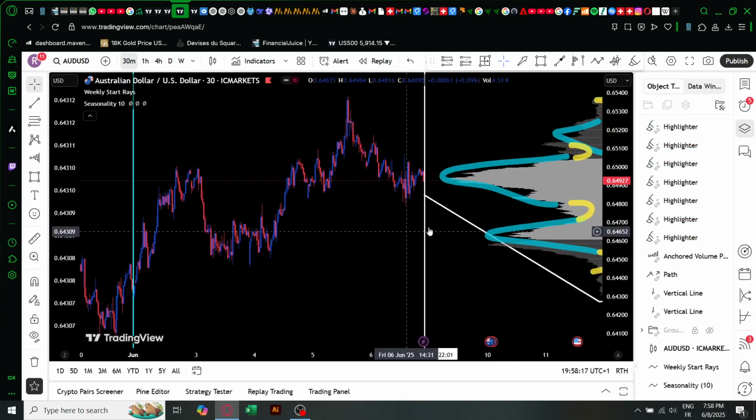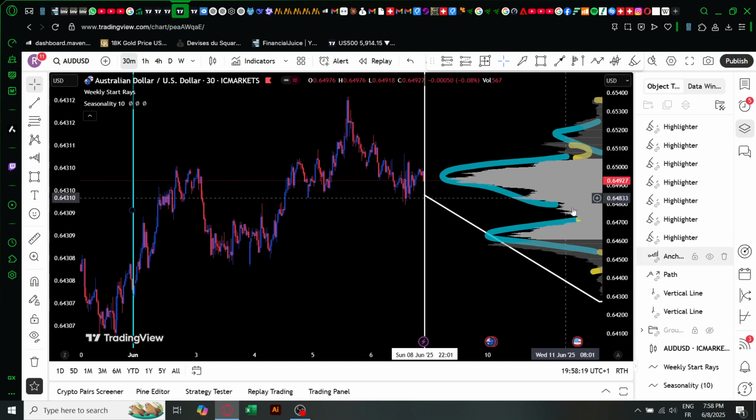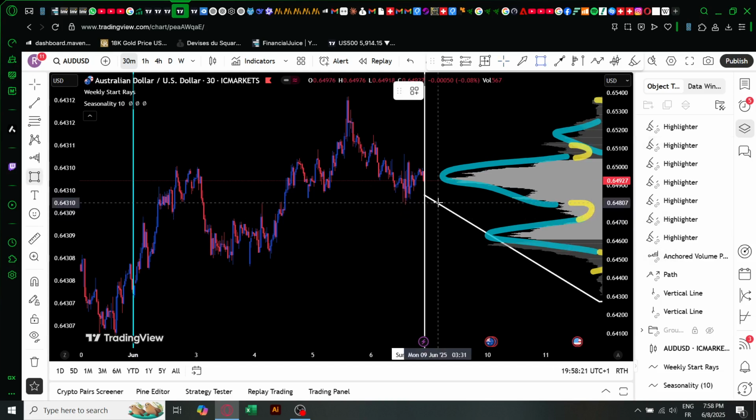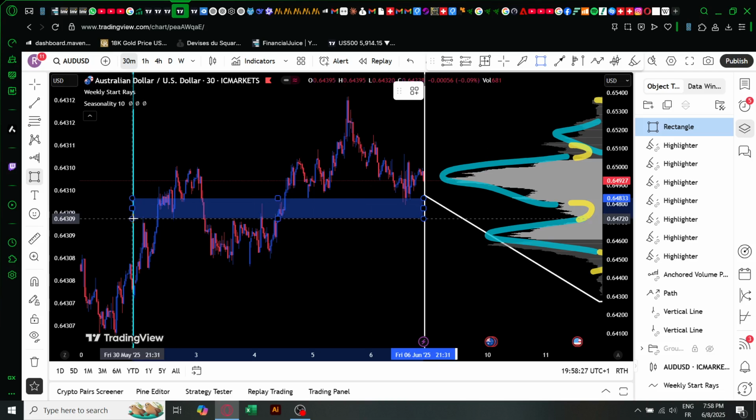So now we're going to have our level. So let's make those levels. So we can clearly see that on this low volume node there was a reaction over here.